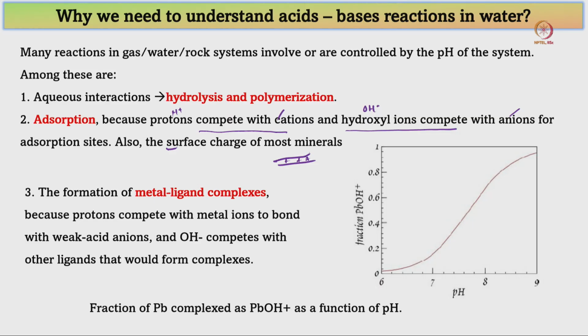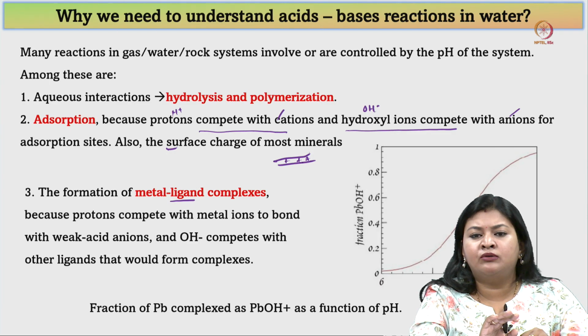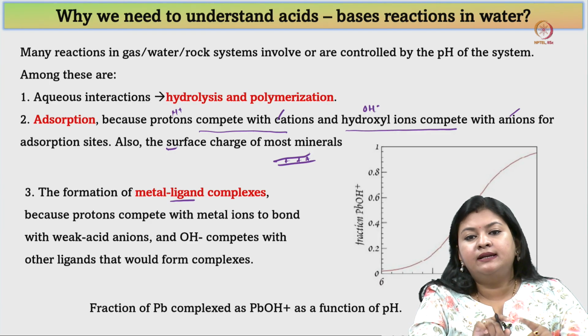And what are ligands? They are a particular kind of atom or molecule that will bind with the metal and increase its solubility. Sometimes it can also precipitate out. So, that is a complex that is formed with the metal ion.